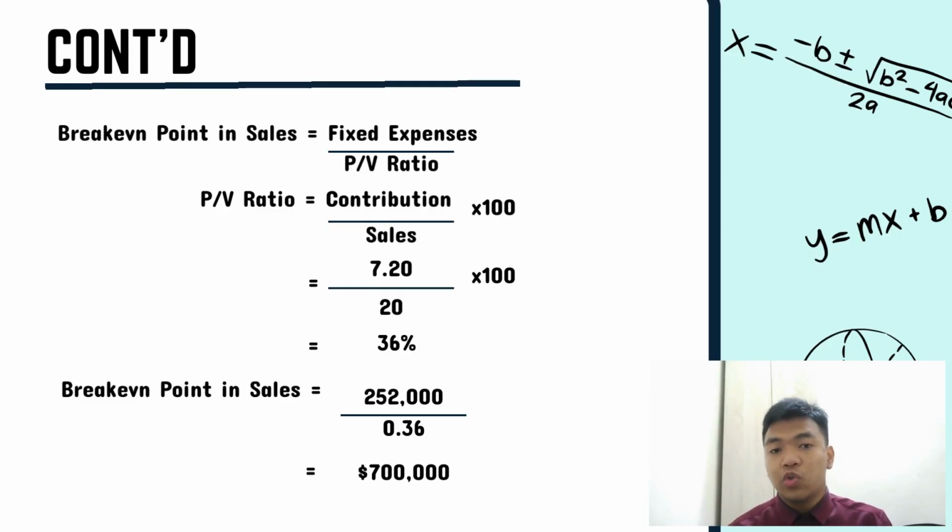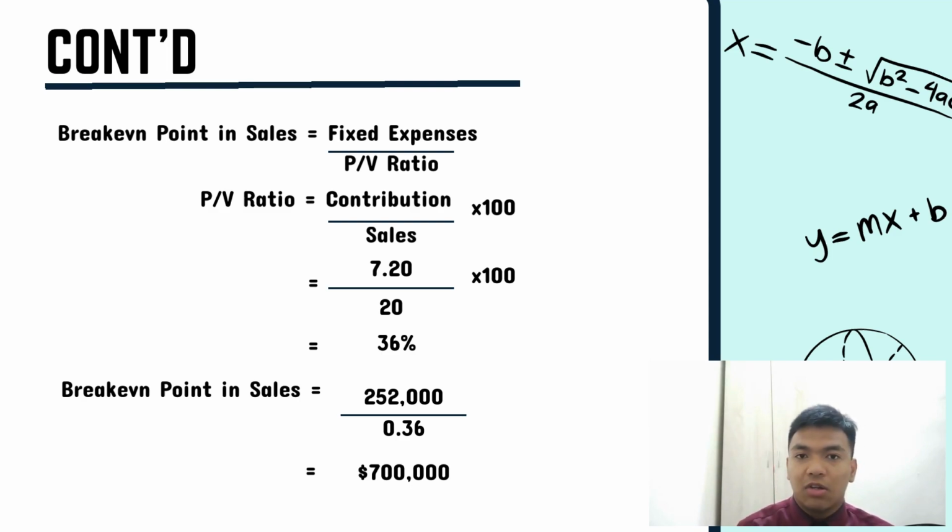Now we will continue to find the break-even point in sales. The formula is the same, so we must find the PV ratio first. The PV ratio formula is contribution per sales times 100. The contribution amount we find from the previous calculation, which is 7.20, and the sales we take from the question, which is 20, times 100.